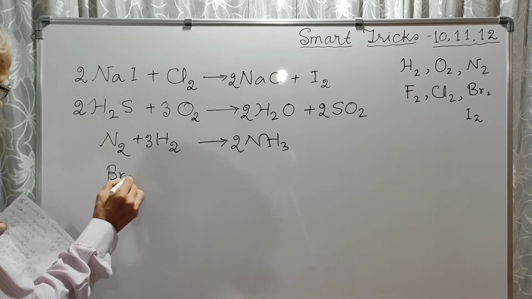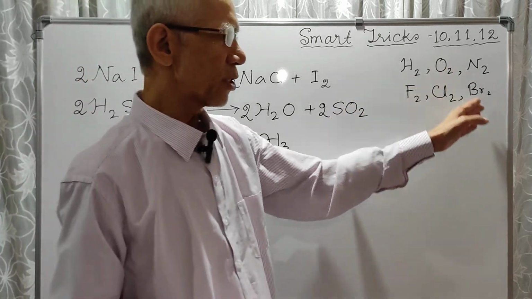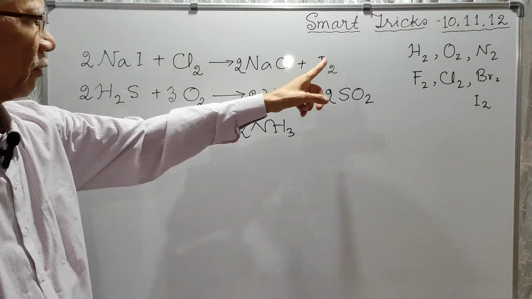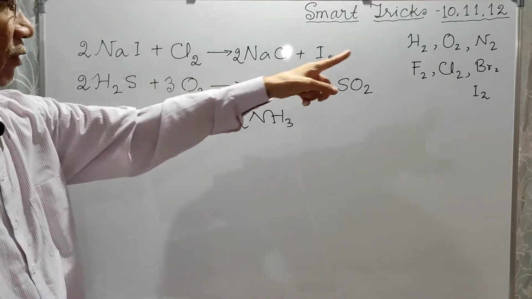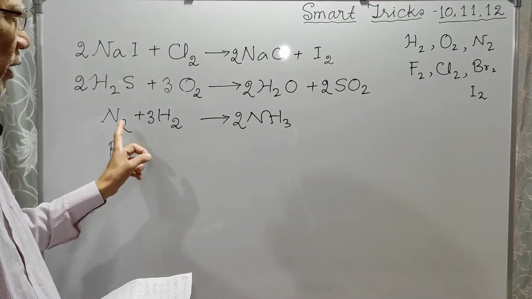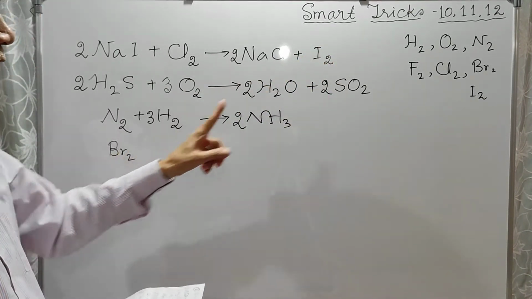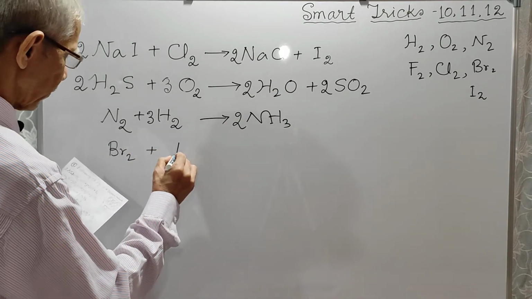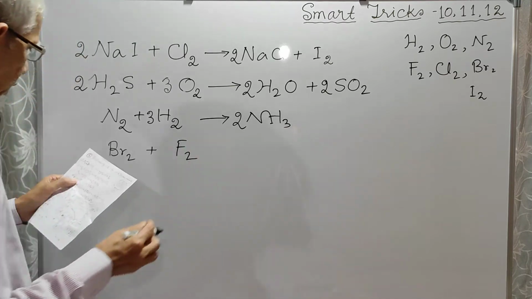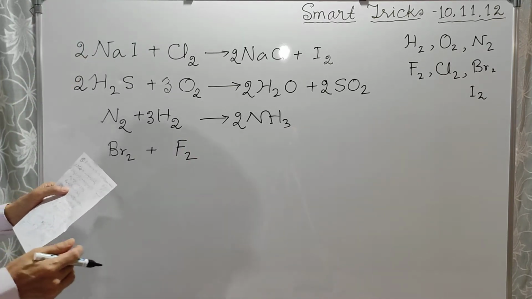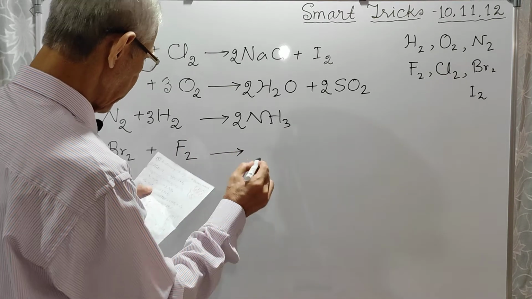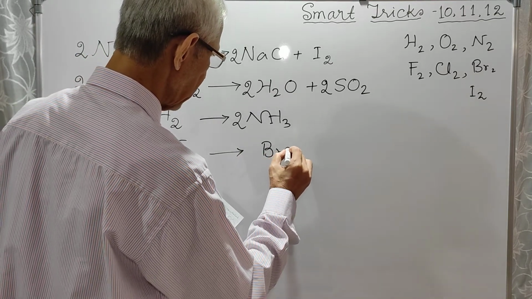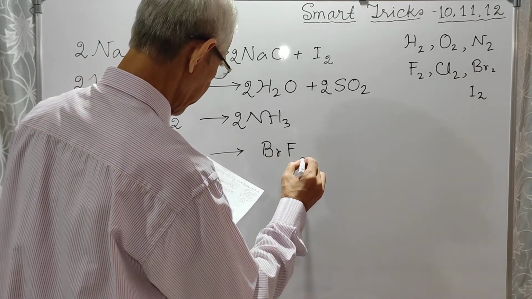Bromine. So I am trying to cover all the 7 diatomic molecules. So here chlorine covered, iodine covered, oxygen covered, hydrogen, nitrogen covered. Now let us see bromine, Br2. Now bromine react with fluorine to produce a product which is BrF5.